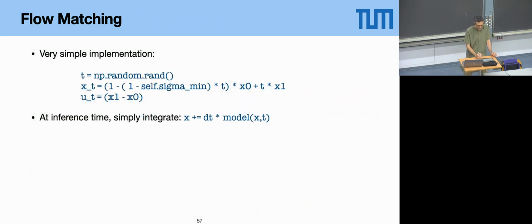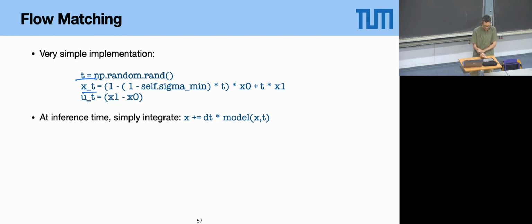Yeah, so also the final algorithm is really simple. As mentioned before, you basically sample your time, you compute this xt value with a weighting, right, with this 1 minus sigma term, but basically it's just (1 minus t) times x0 plus t times x1, and then the velocity is given by the difference of the two.